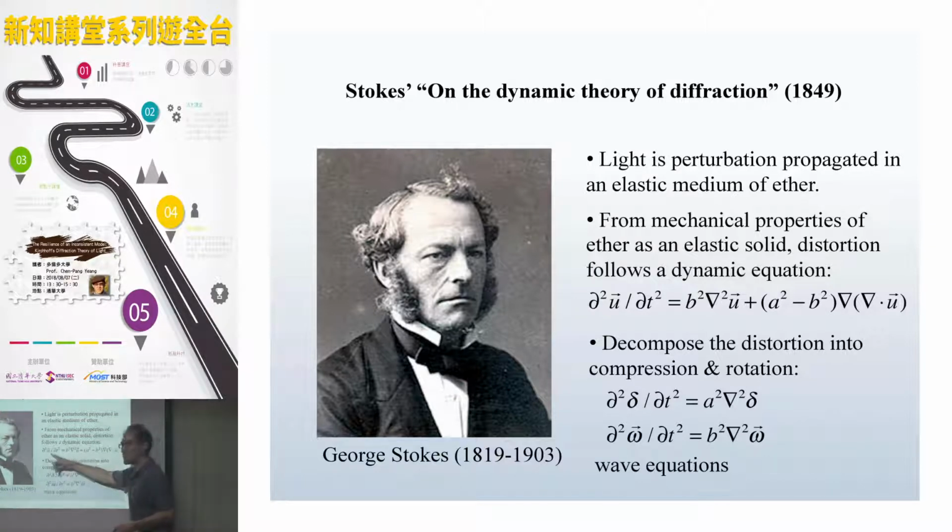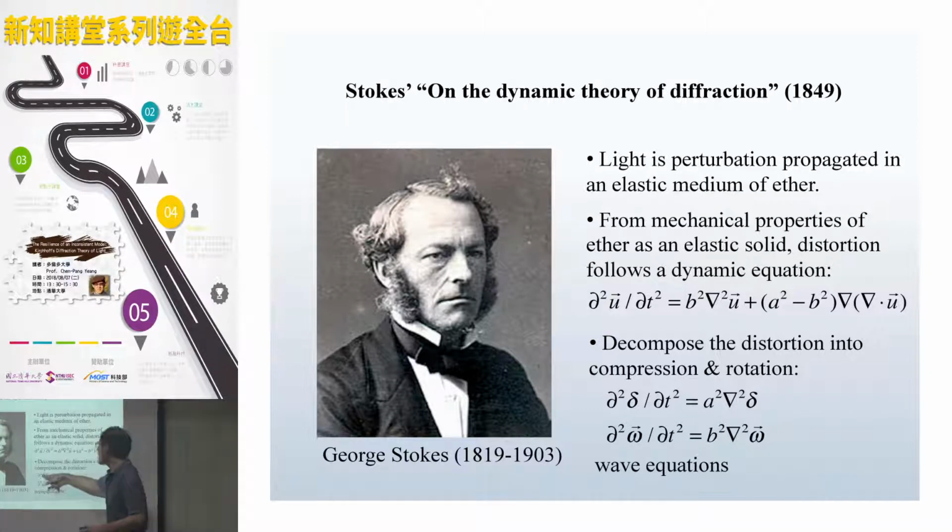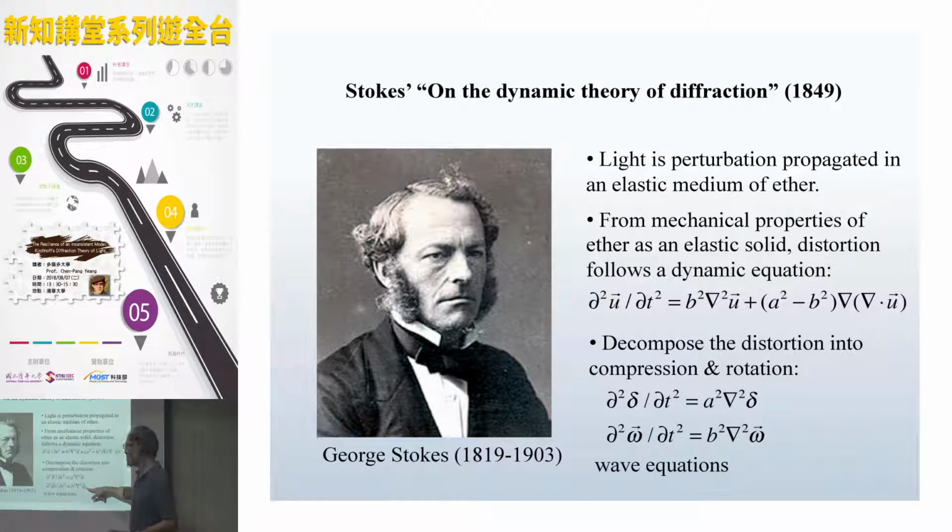This is in the form of the wave equation, but to make this form more explicit, Stokes decomposed this distortion into two components, compression and rotation. Compression is curl-free and rotation is divergence-free. These two components follow two sets of different equations, and both are exactly like the wave equation.